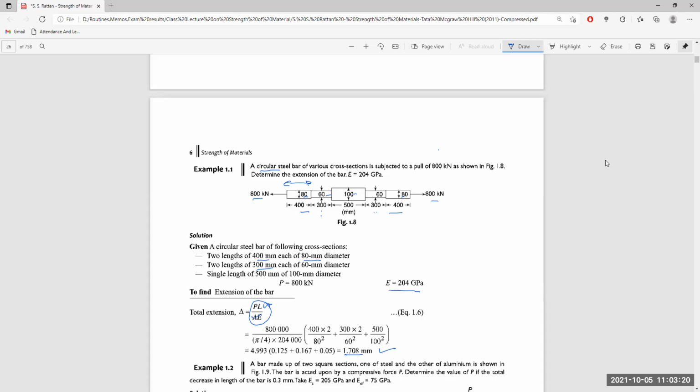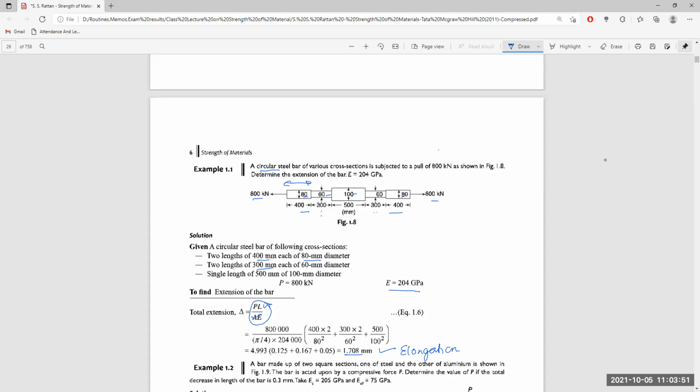Then the square of the diameter here. For length, there are two such lengths, so multiplied by 2, and only one such length, multiplied by 1. So after calculation, it will give 1.708 millimeter. But this is elongation, not contraction.